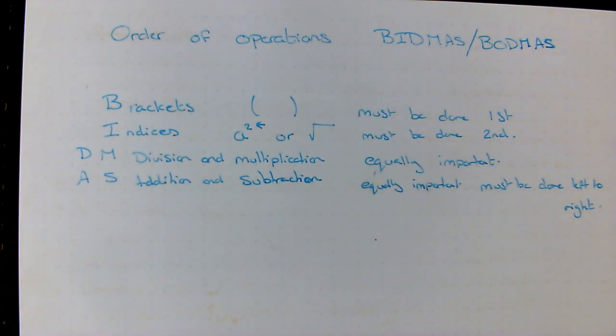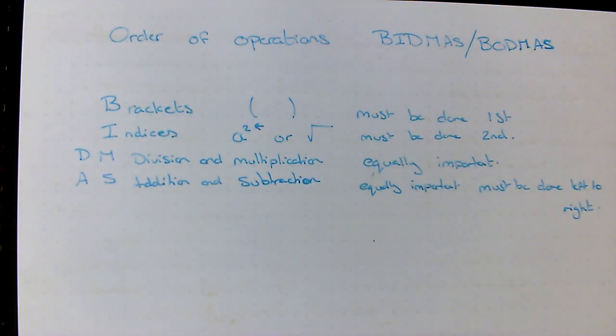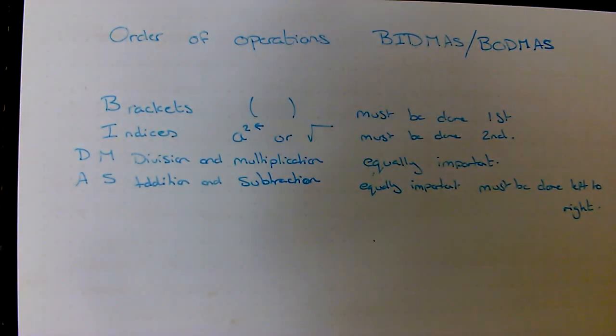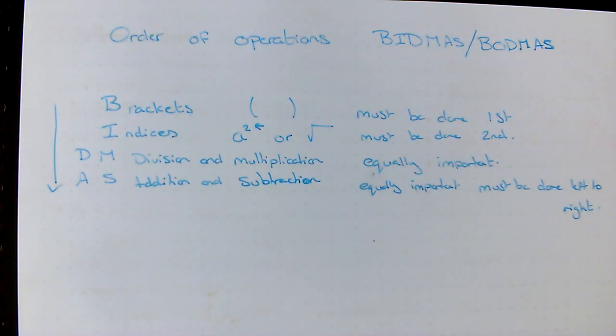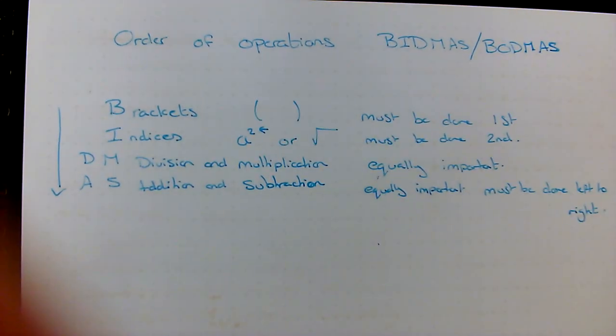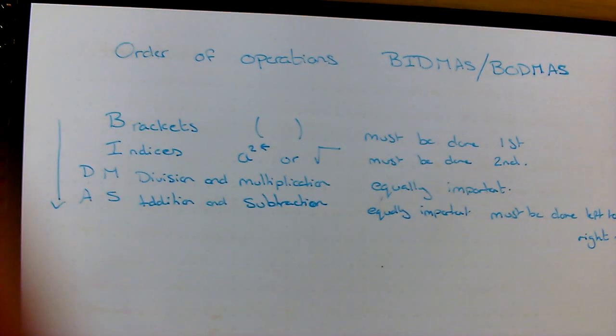And there is a reason that I get everybody to do this left to right, and that is because if you do it left to right, you cannot get an incorrect answer unless you make a calculating error. Okay, and we're going to build this up from the bottom to the top to show you what it is. So this is our hierarchy, this is our level of importance. We start with the brackets before we work our way down to addition and subtraction at the end.